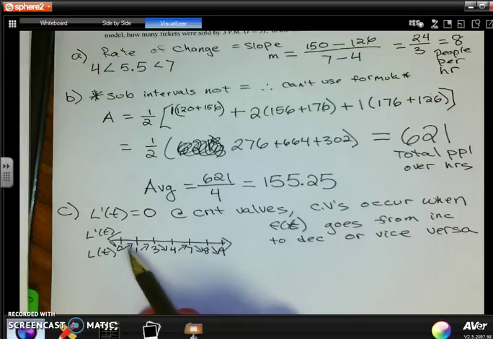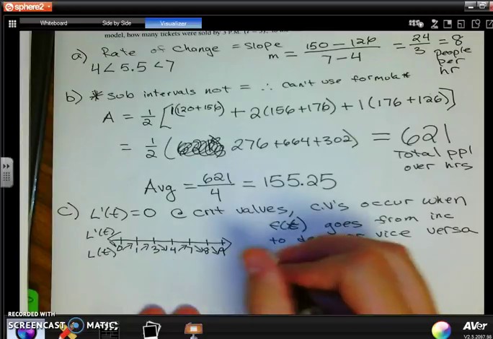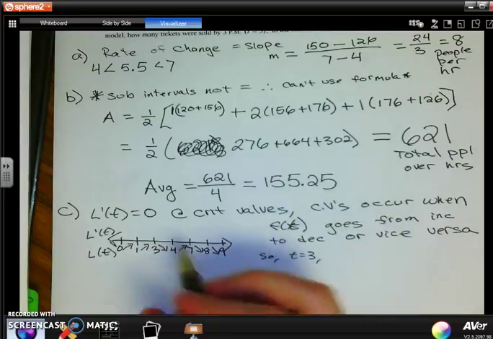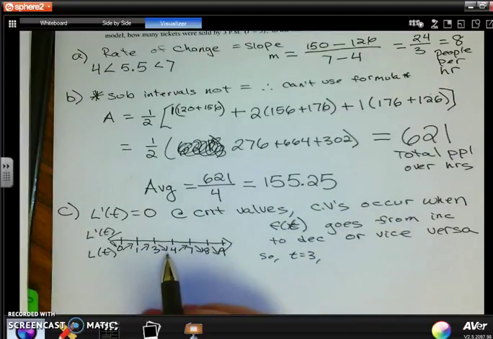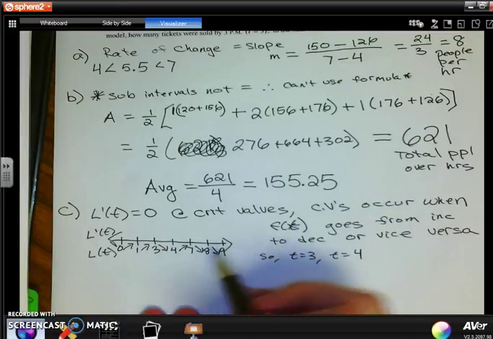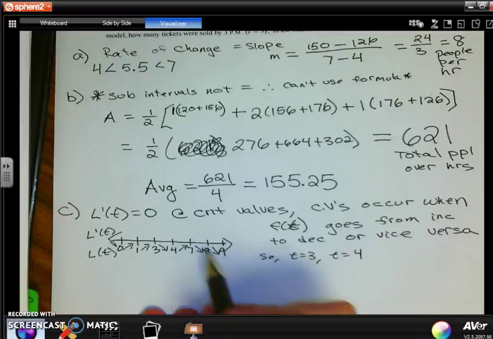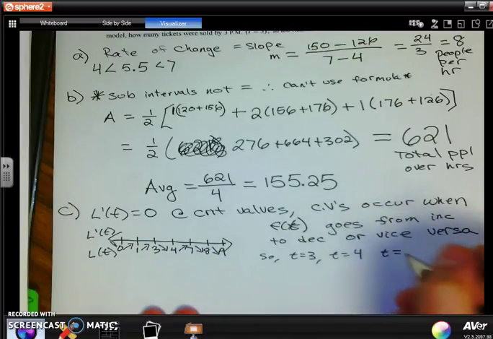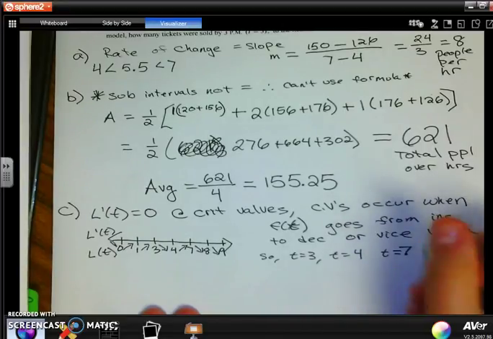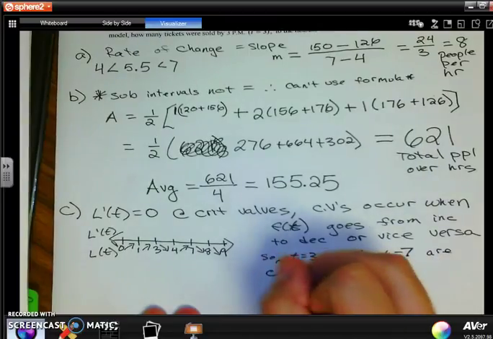So basically, increasing to increasing, so 1 is not a critical value. But from 1 to 3, you go from increasing to decreasing. So t equals 3. And then you go from decreasing to increasing. t equals 4. That's a critical value. And when you go from increasing to decreasing at t equals 7. So those are critical values.